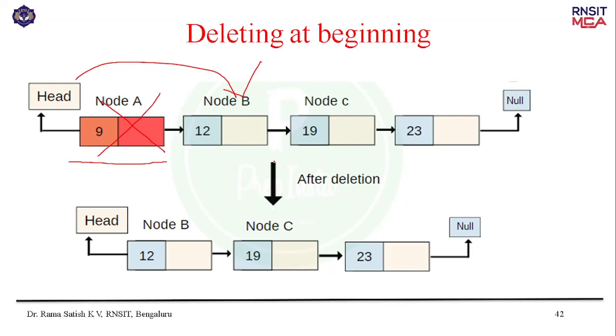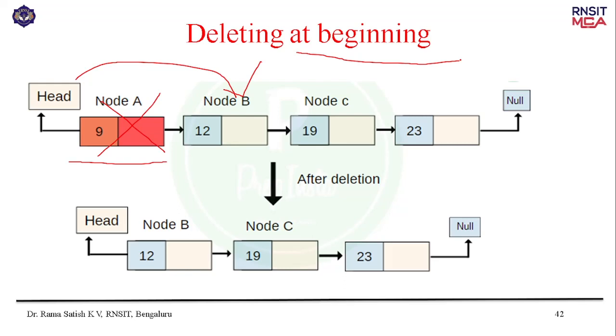So after deleting the first element, the head node will point to the next. So this is deleting at the beginning. So deleting the node at the beginning indicates movement of the head node to its next node.